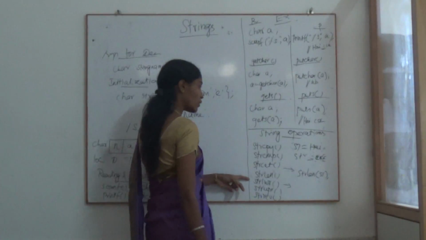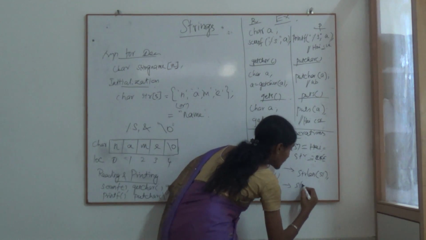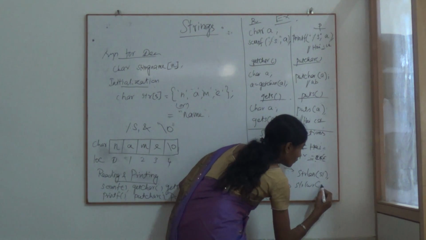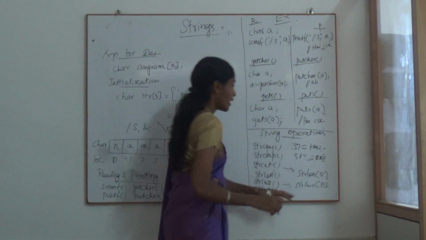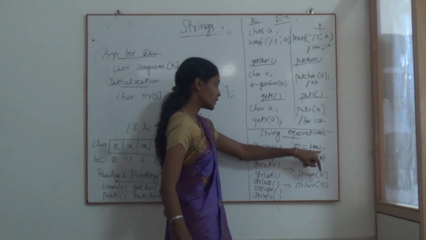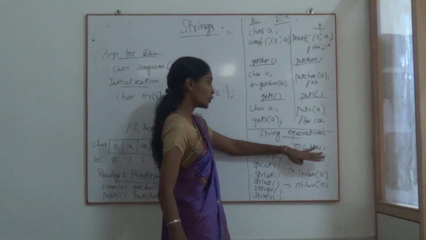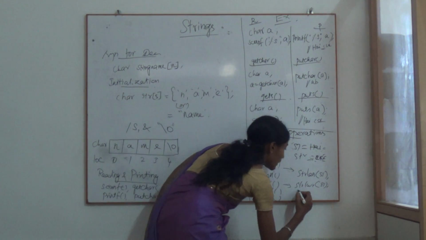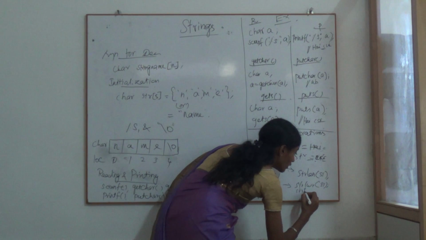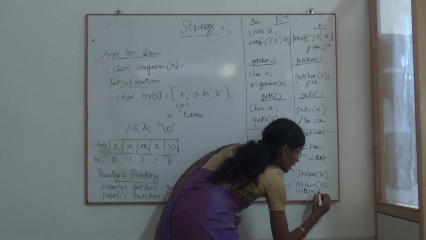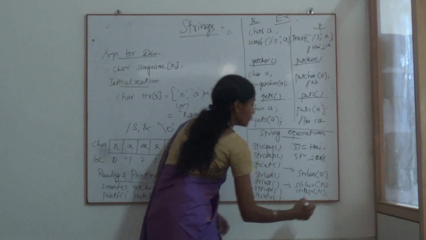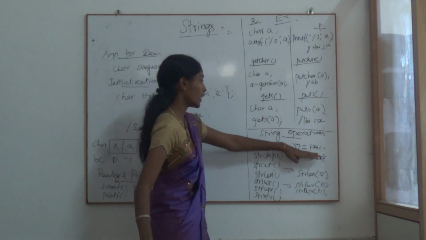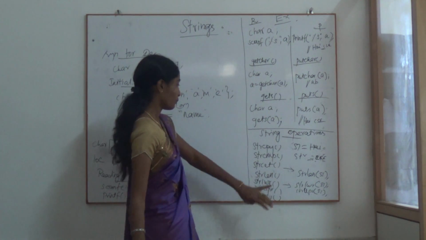By using strlwr of string 1, all the characters in string 1 will be converted to lowercase. If you use strupr of S1, it will convert all lowercase letters into uppercase letters.